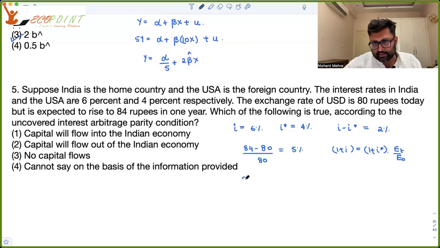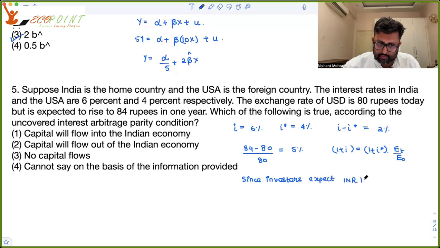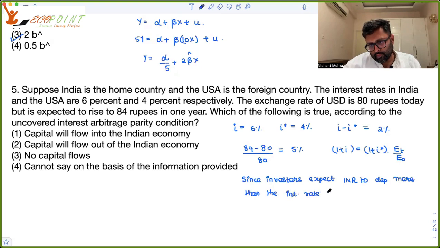Please write, since investors expect INR to depreciate more than the interest rate differential, right?